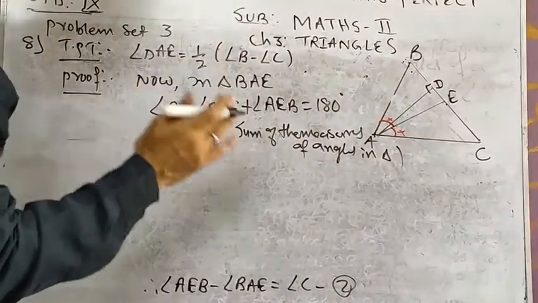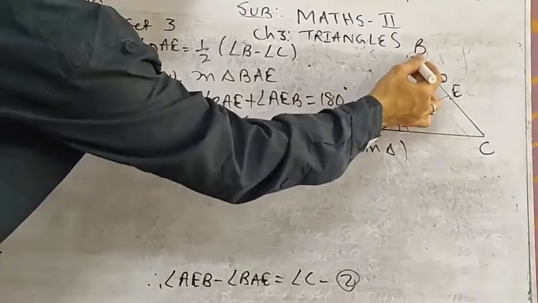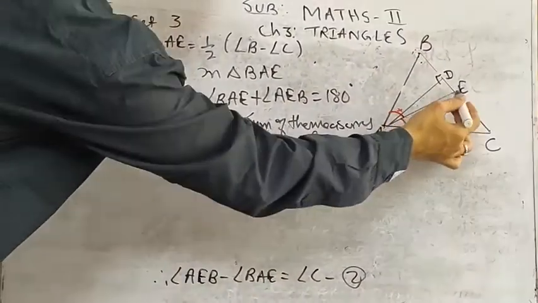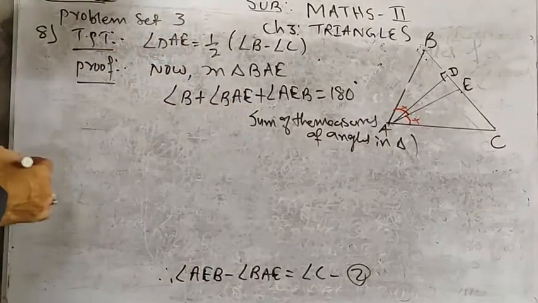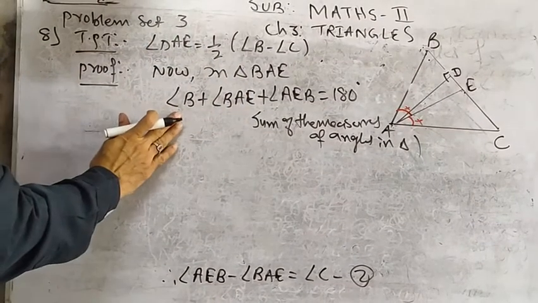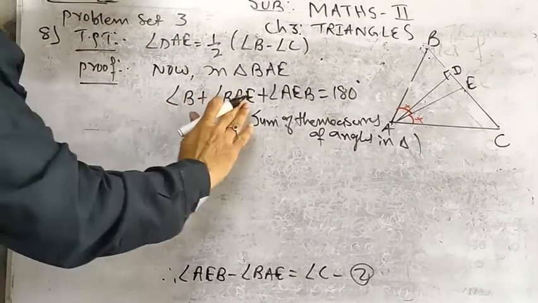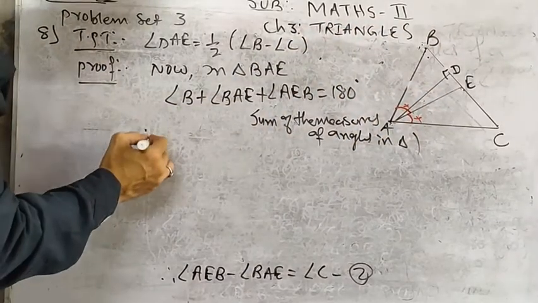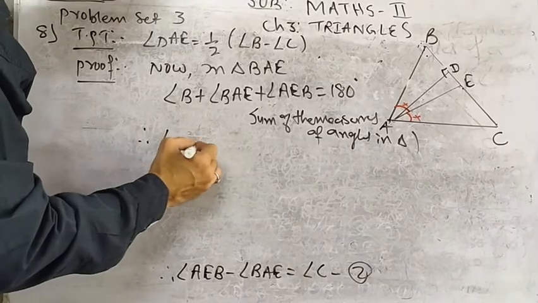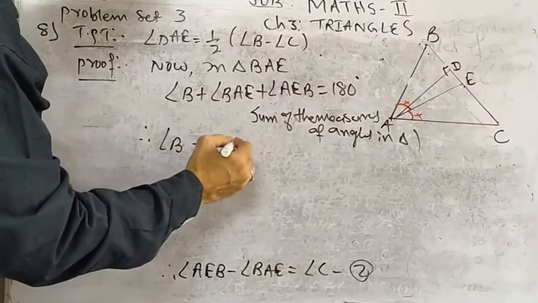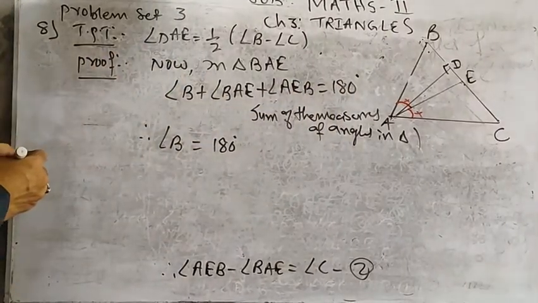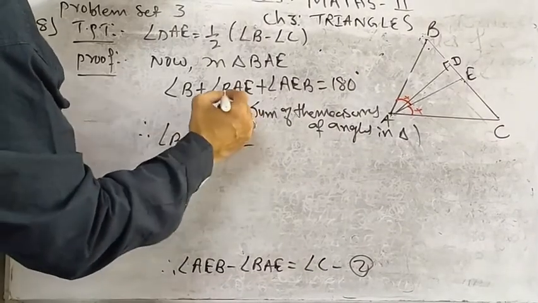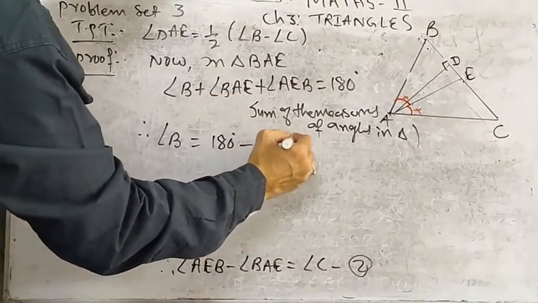Okay, sum of the measure of three angles is 180. See very carefully, huh? Angle B, angle BAE and angle AEB. Sum of the measure of three angles 180. Now B you have to keep separately. ये सब उधर चले जाएगा. All will go there. So you will get what you know. Therefore angle B is equal to 180 degree minus angle BAE.